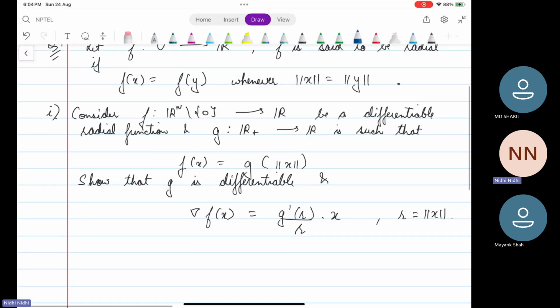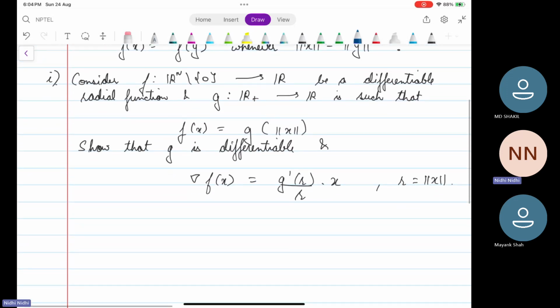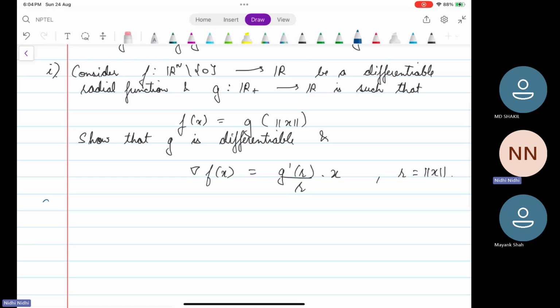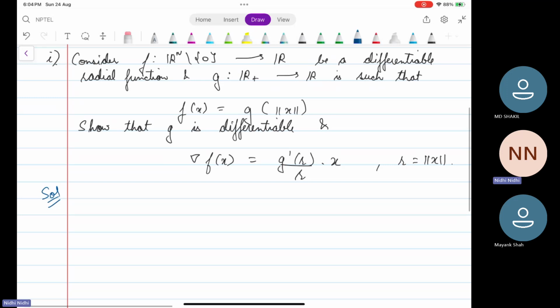Okay, so let's start with the differentiability of g. Directly, we can use the differentiability of f to show that this function g will be differentiable. So we have limit h tending to 0, g(r plus h), let r belonging to r plus be arbitrary.